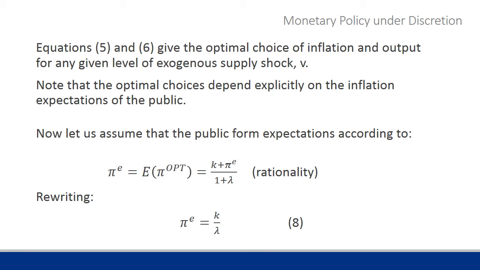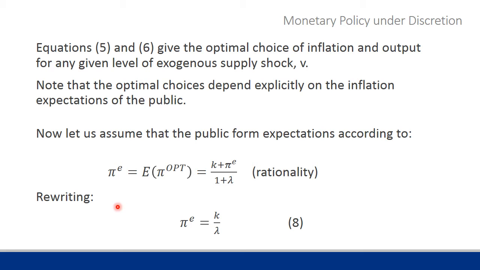So with complete knowledge of the model, the rational agent will choose the optimal rate of inflation as the expected rate. So that π^e is equal to the expected value of the optimal inflation rate, which is (k plus π^e) divided by 1 plus λ. The shock v is 0 here because the expectation of the shock is 0.